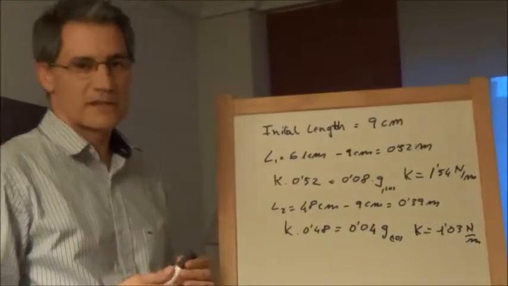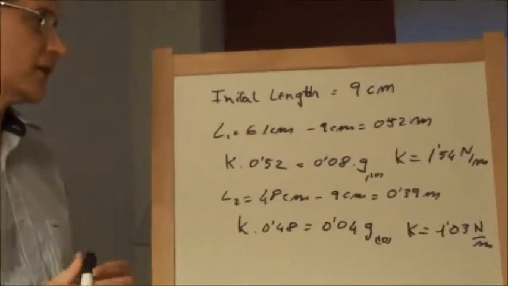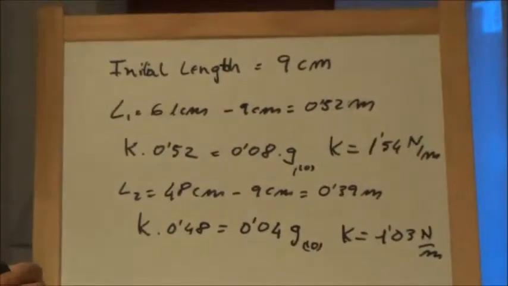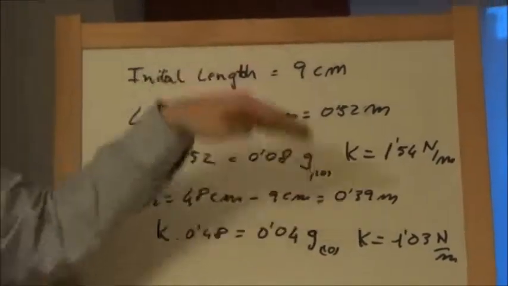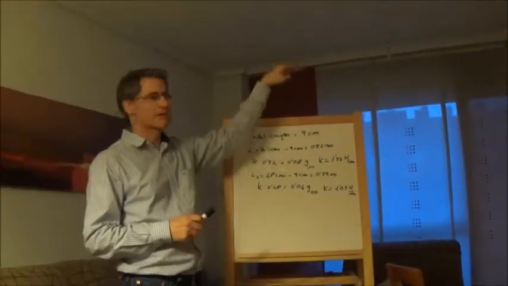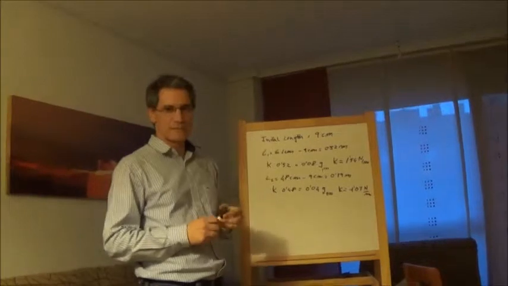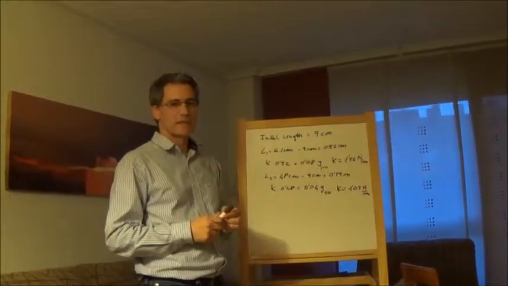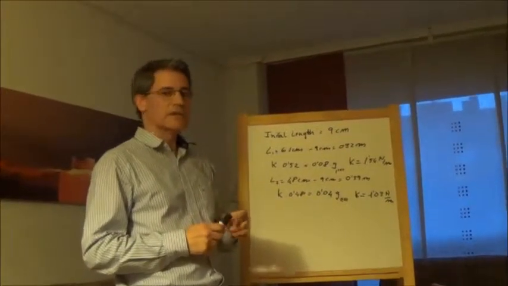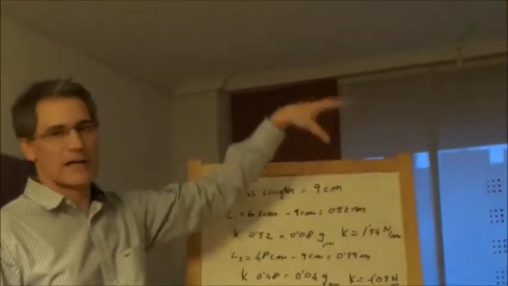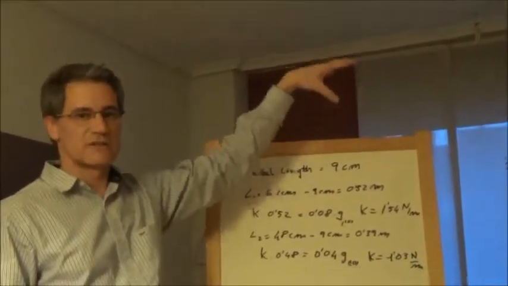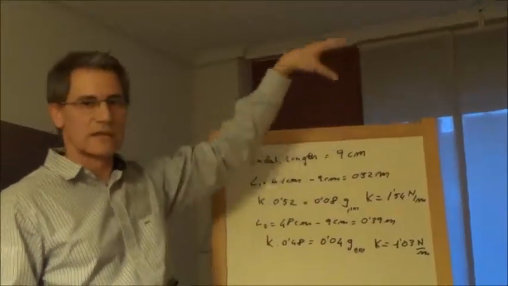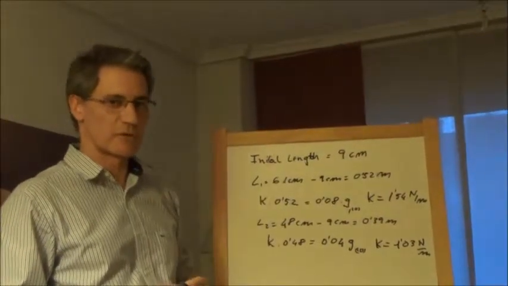So for the second part of the video, I'm going to show you how to calculate the period of oscillation of the system, and to show that the period only depends on the length that the spring is stretched when it is in equilibrium because of the force of gravity.